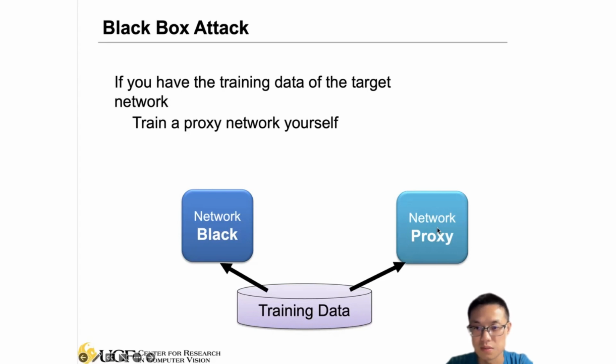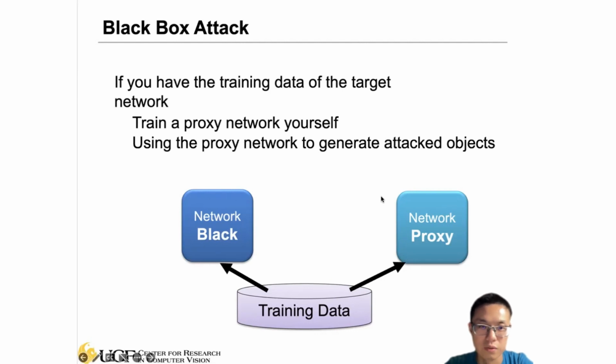Because this proxy network is designed by yourself, you have full access to the architecture and parameters during this adversarial attack training. You can use the training data and generate perturbation to make this VGG network misclassify. You can do a white box attack on this VGG network.